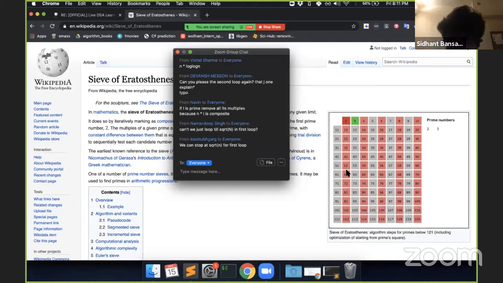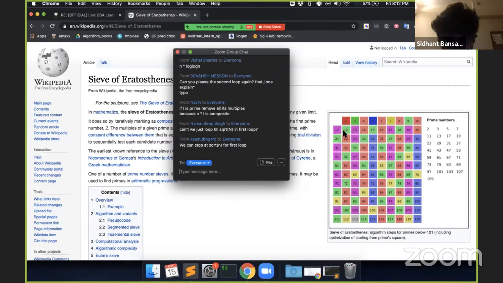Striking off in our code means setting the composites as 1. When 3 is prime, you again strike off all the multiples of 3, which is 6, 9, 12, 15, and so on. Obviously, there will be duplicates. 6 got struck off twice, 9 got struck off once, but 12 got struck off twice, once because of 2 and another time because of 3. But it doesn't matter if a number gets struck off twice. And so on.